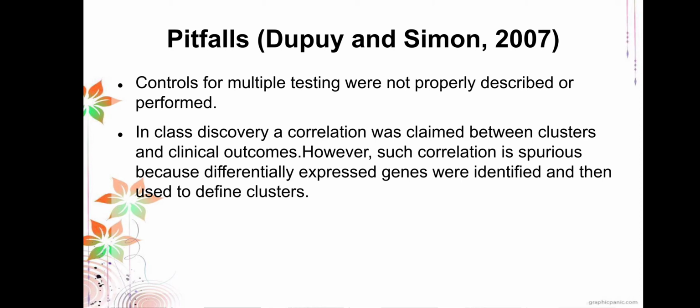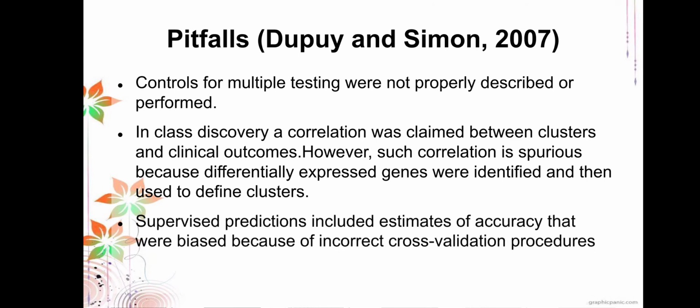That is why sometimes network analysis, the use of hub genes, comes into play here. And then supervised predictions include estimates of accuracy that were biased because of incorrect cross-validation procedures. So sometimes procedural issues come into play as well.